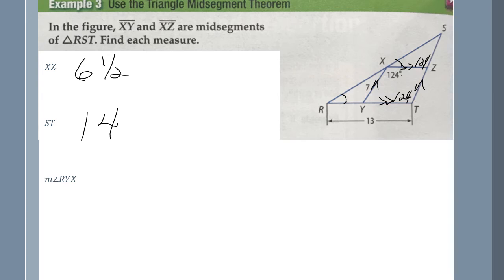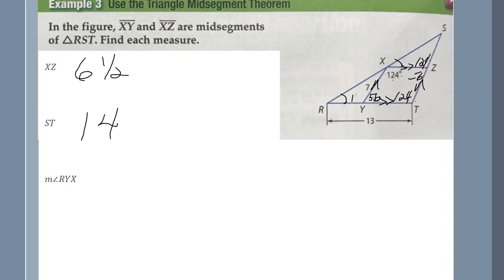So if this is 124, this angle here has to be 56, and this is 56.